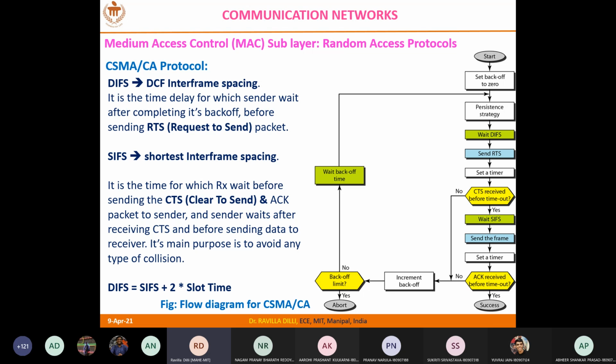So for your request, if the receiver is willing, he will give the CTS. Again, that CTS should be within your timer's time. Then only you can understand that the receiver is willing. If you don't get CTS within timer's time, then you should wait. You should repeat this story. Any doubt on this?